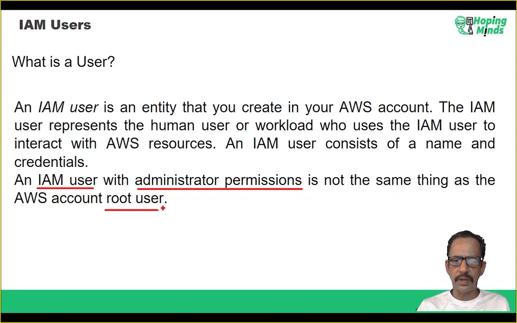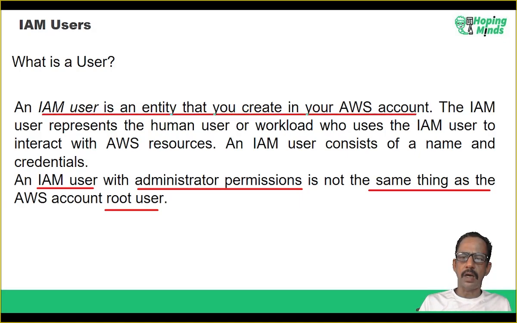It does not have the same permission as the root account, but still it is safe to use another IAM user. IAM user is an identity that you create in your account. IAM user represents any human user or workload who uses the IAM user to interact with resources.